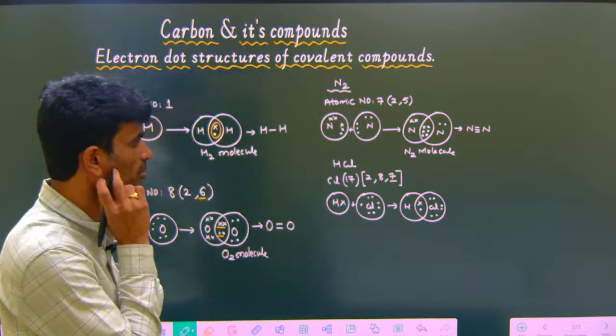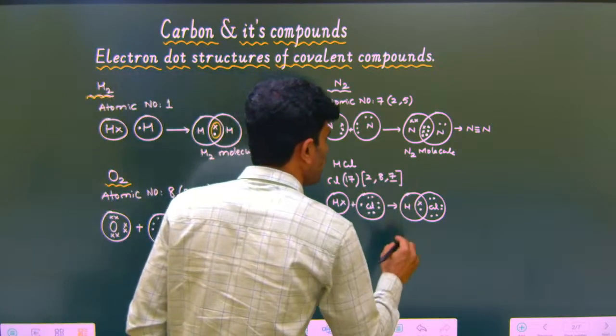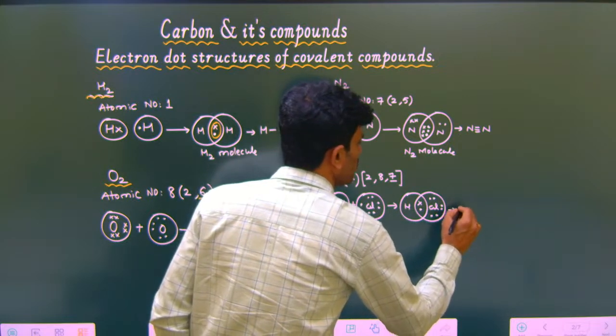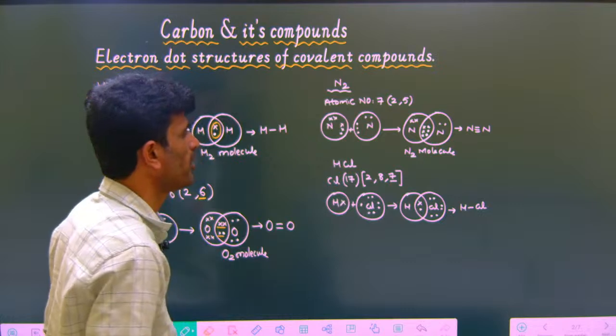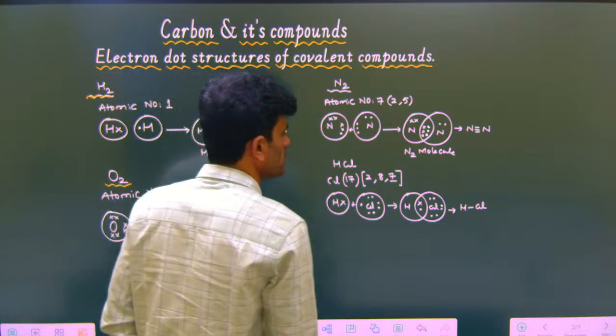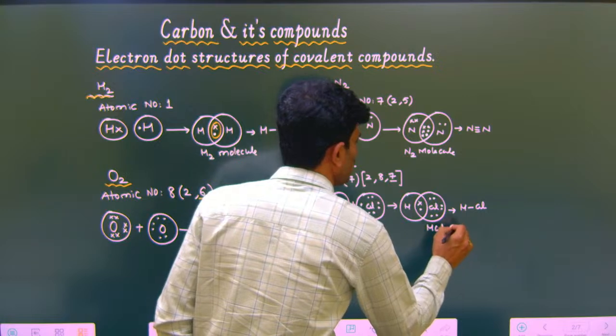Like this, how many covalent bonds are present between hydrogen and chlorine here? Only one pair of electrons. You can also represent it like this, H-Cl, one single covalent bond is present between hydrogen and chlorine. Like this, the HCl molecule is formed.